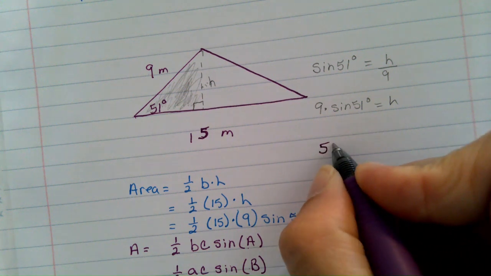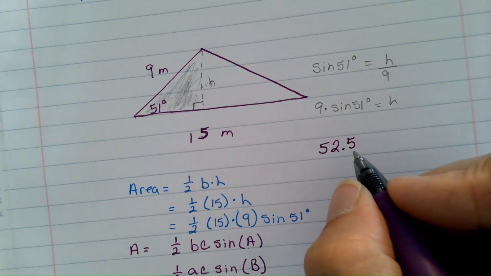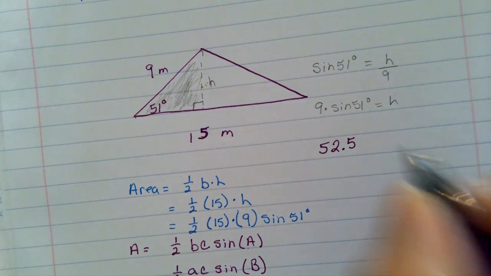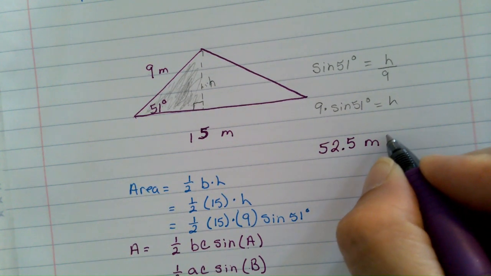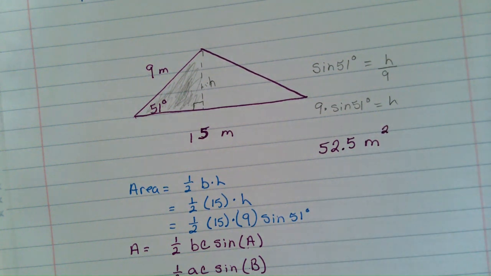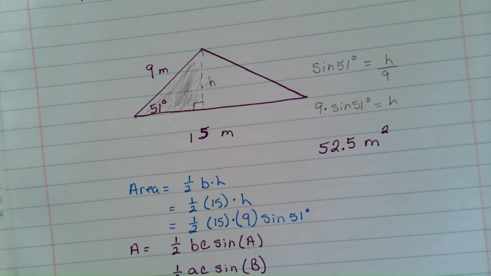Now, I'm going to remind you that when you're covering an area, that would be like covering a floor. And the best way to cover a floor when you're tiling it is with squares, right? So that's why you can think of it as, ooh, I have to have squares, 1 meter by 1 meter squares to cover the floor. So anytime you're doing area, your label is in units squared.